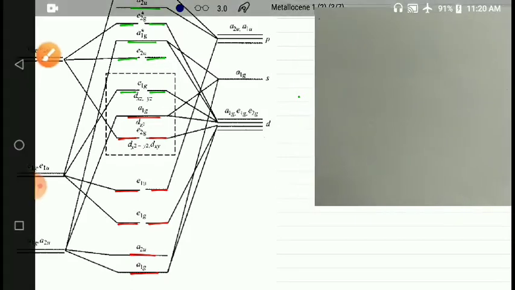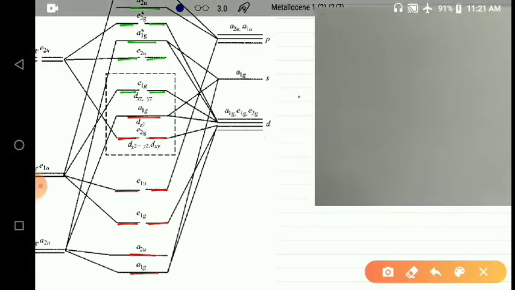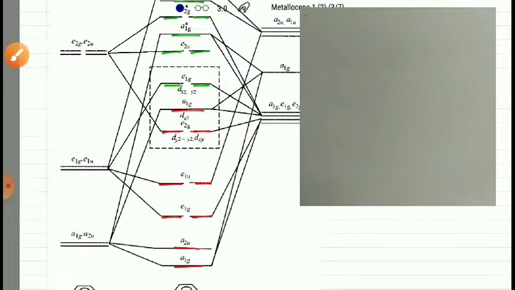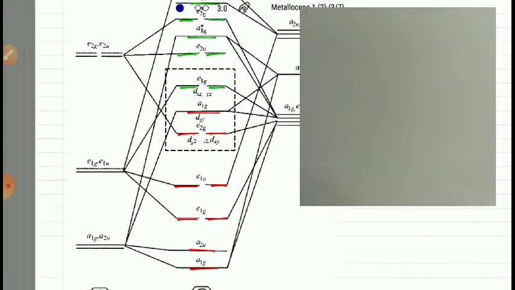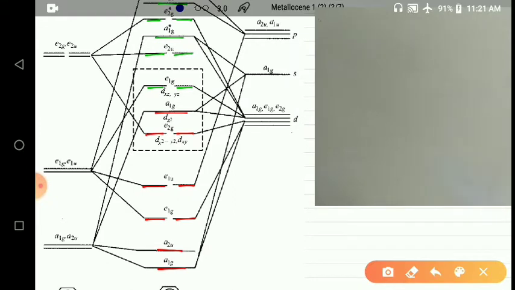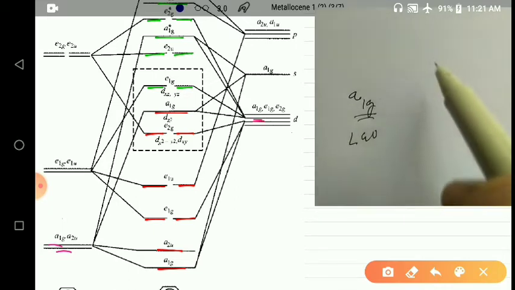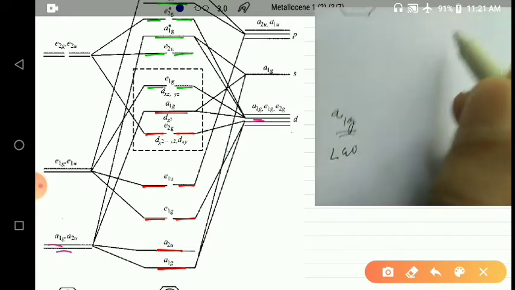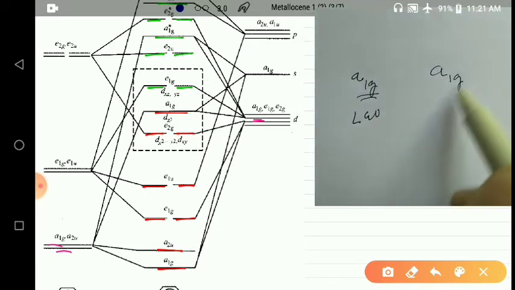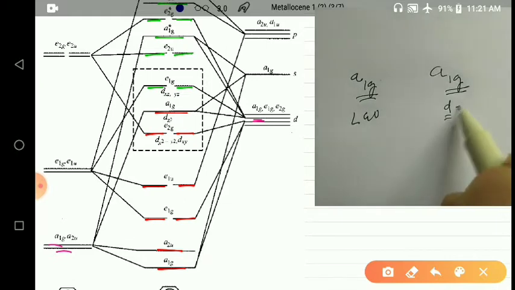Now you notice here the A1g of the ligand group orbitals, and A1g is also present in the d orbitals of the metal.